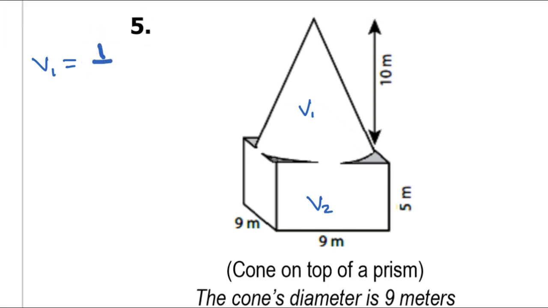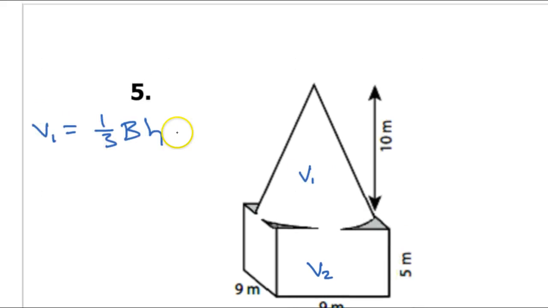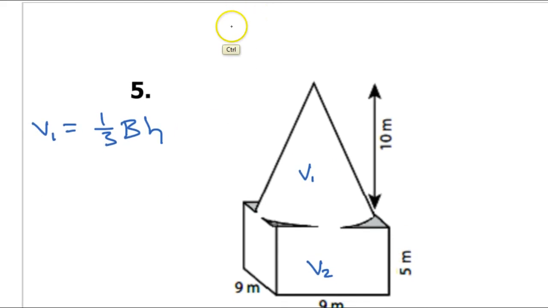So too thick, man. Alright, it's 1/3 the area of the base times the height. Well, I really need to calculate the area of the base. So I'm going to do that off to the side. So here comes the area of the base. The base is a circle.